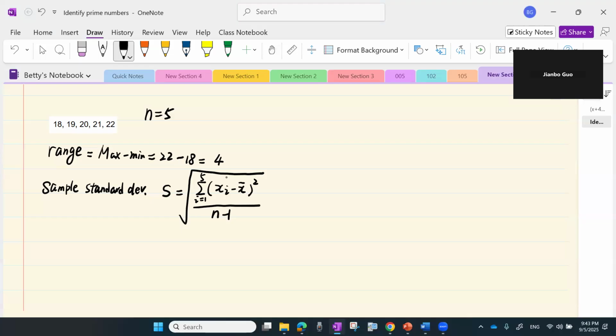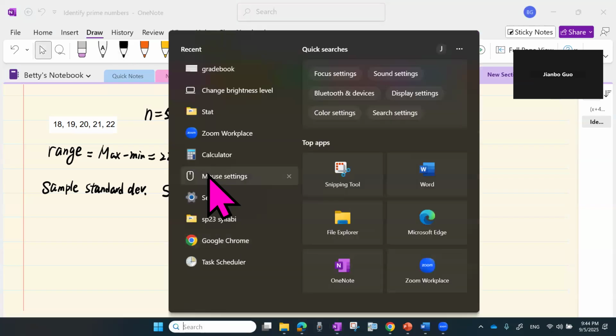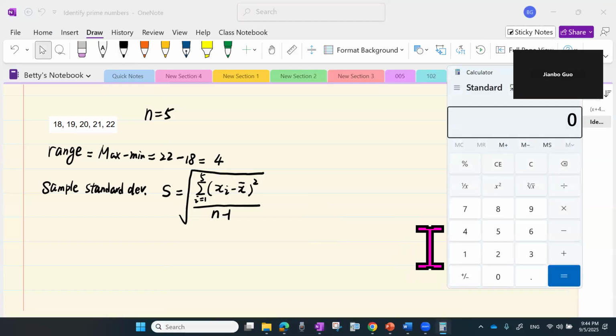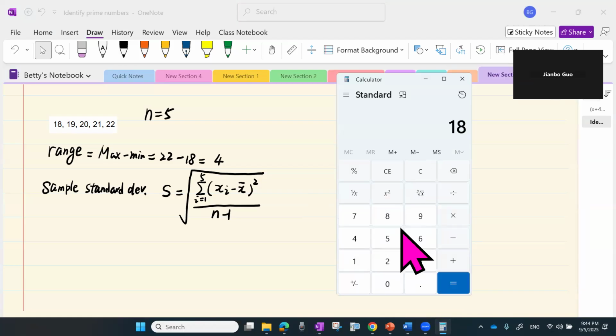And let's see how we get it done. As I mentioned earlier, we have to find the sample mean first. Let me get a simple calculator. To find the sample mean, we add the 5 values together: 18 plus 19 plus 20 plus 21 plus 22.